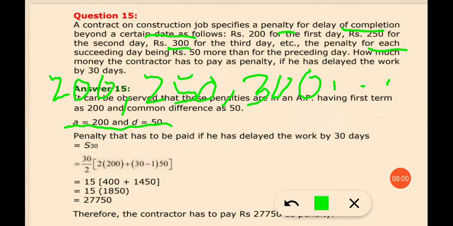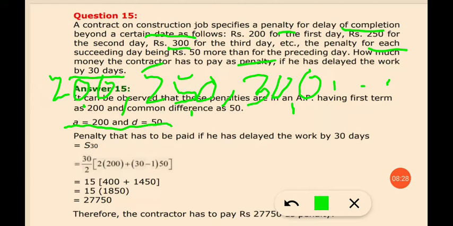How much money the contractor has to pay as penalty if he has delayed the work for 30 days. For 1 day 200, for 2 days 250, for 3 days 300. It does not mean 300 for the 3 whole days. If 1 day is delayed, then 200 will be paid for that particular day.